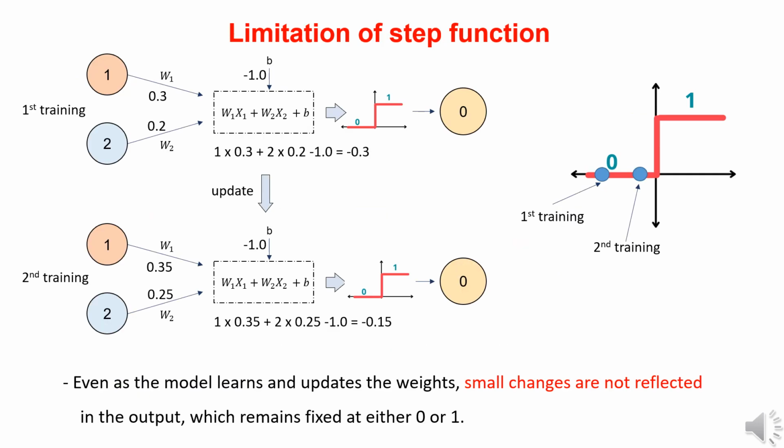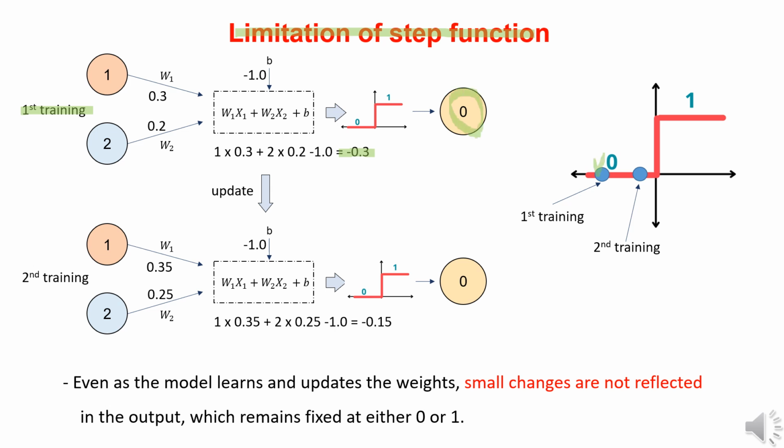Let's explore the limitations of the step function through the training process of an artificial intelligence model. In the first training iteration, the weighted sum and bias are calculated to be negative 0.3. Since this value is less than 0, the step function outputs 0.